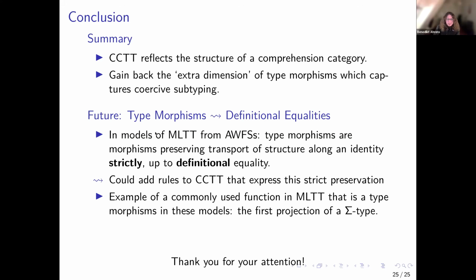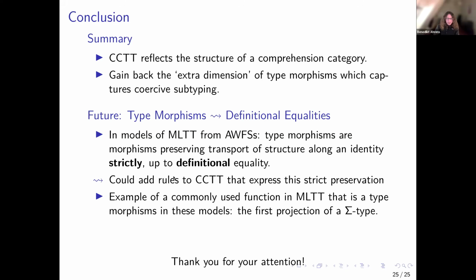And for this, we can again look at specific models of, say, MLTT in algebraic weak factorization systems. And when we look at these, for instance, in the model given by groupoids or categories, there the type morphisms are morphisms preserving the transport of structure along identities strictly, not just up to isomorphism, not just in a categorical way, but really up to definitional equality.